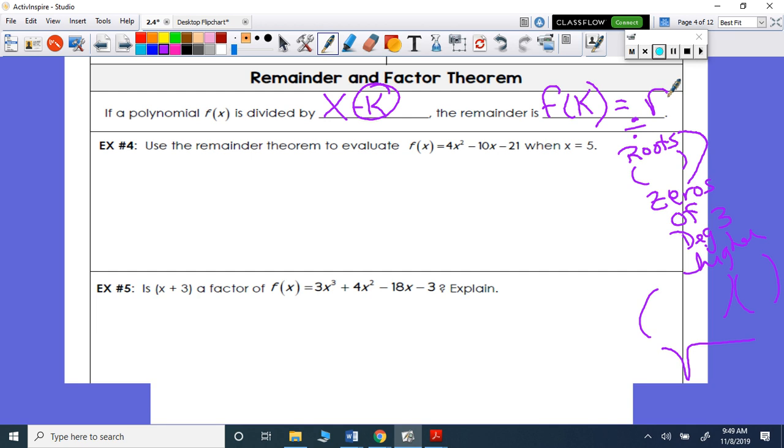Our goal is to get a remainder of 0, because that's going to mean we have a root, we have a factor, we have a 0. So, is x plus 3 a factor of that polynomial? Well, you should know a polynomial of degree 3 should cross the x-axis 3 times.